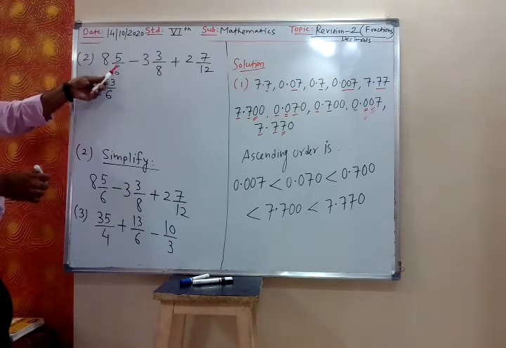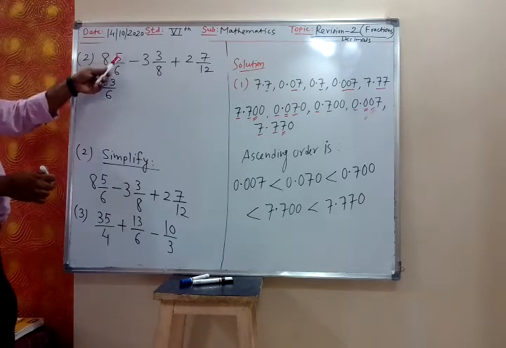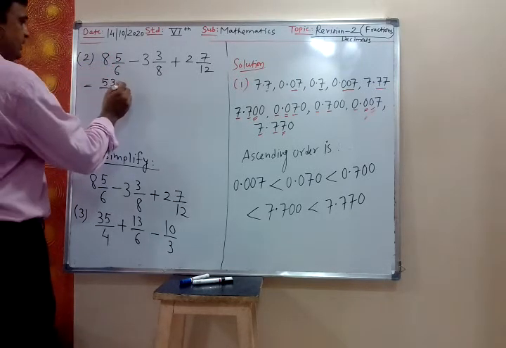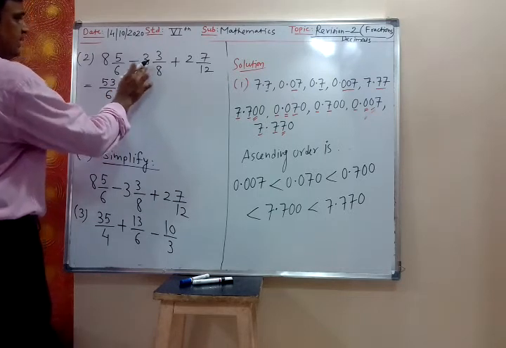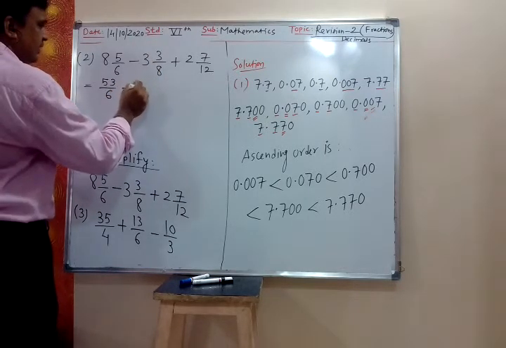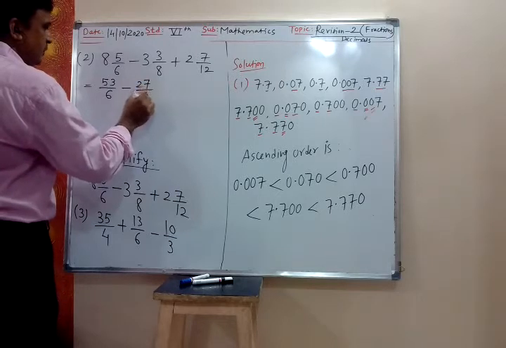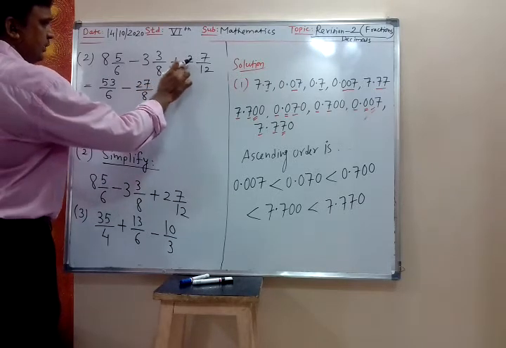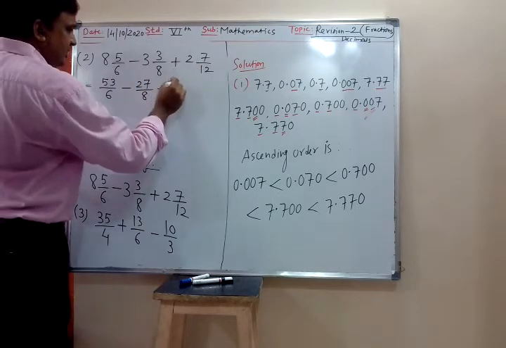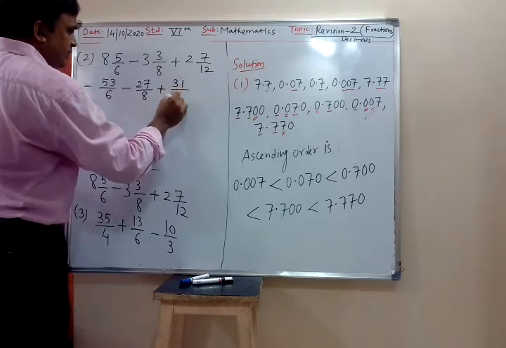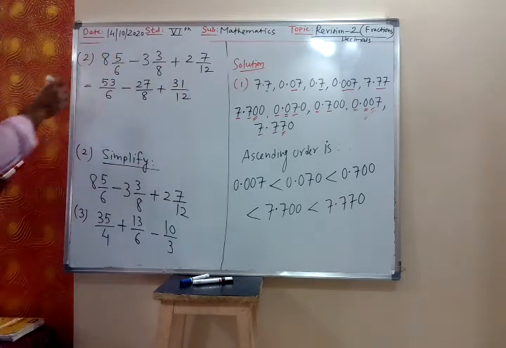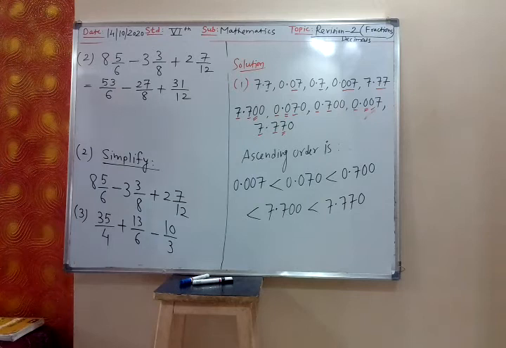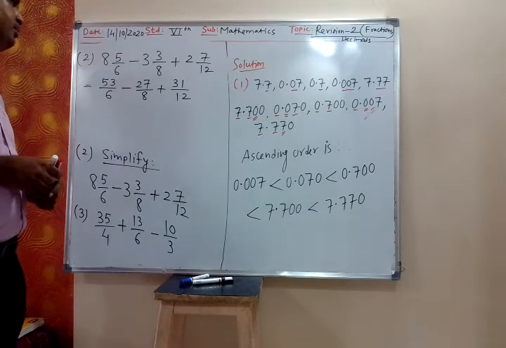First multiply. 6 8s are 48. 48 plus 5, 53/6. Minus 8 3s are 24. 24 plus 3, 27/8. Plus 12 2s are 24. 24 plus 7, 31. 31/12. So these mixed fractions, we have converted them into improper fractions.